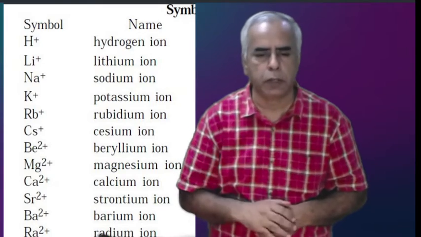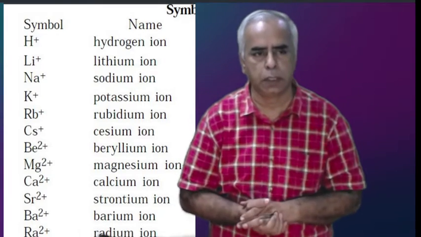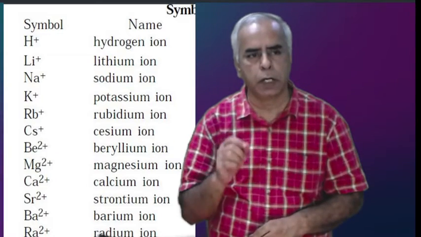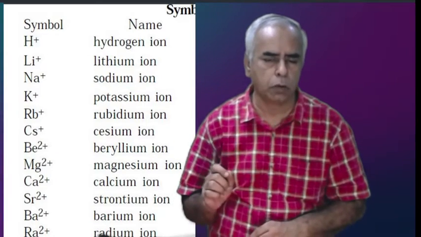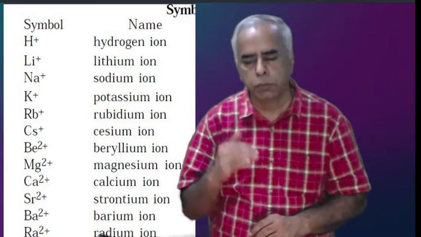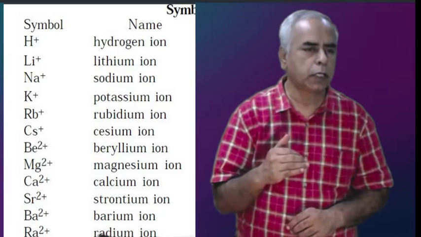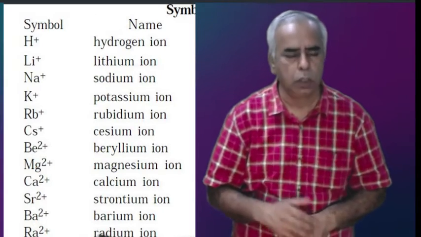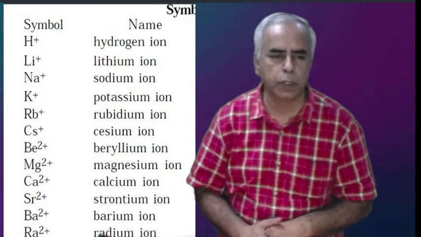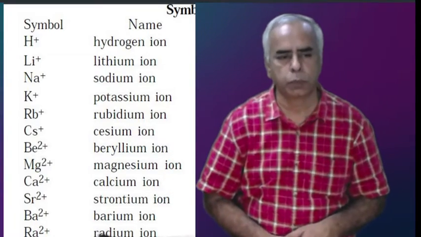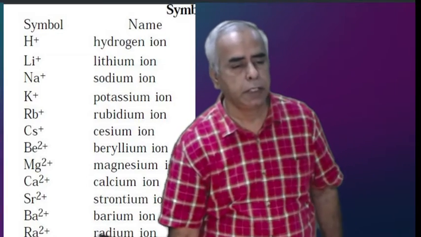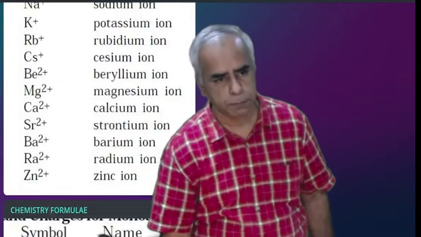Then lithium ion, Li plus; sodium ion, Na plus; potassium ion, K plus; rubidium ion, Rb plus; cesium ion, Cs plus. Beryllium cation, Be2 plus; magnesium cation, Mg2 plus; calcium, Ca2 plus; strontium, Sr2 plus; barium, Ba2 plus; and radium, Ra2 plus, right?